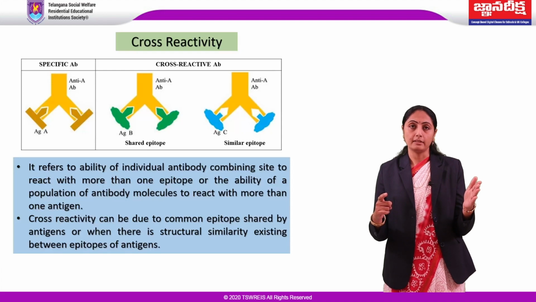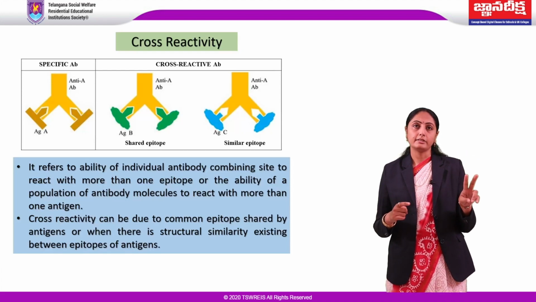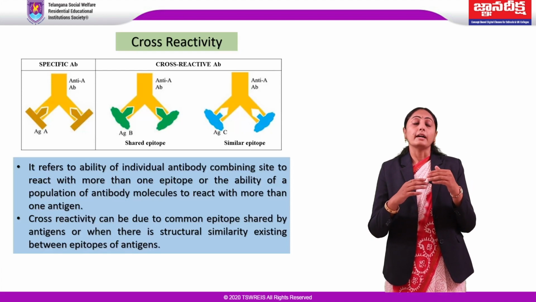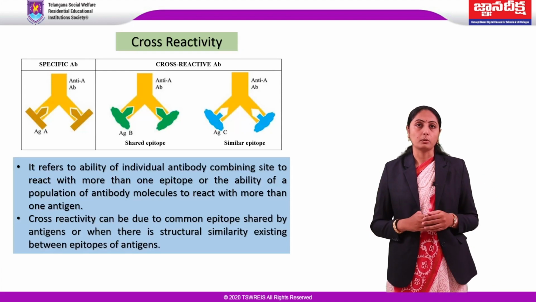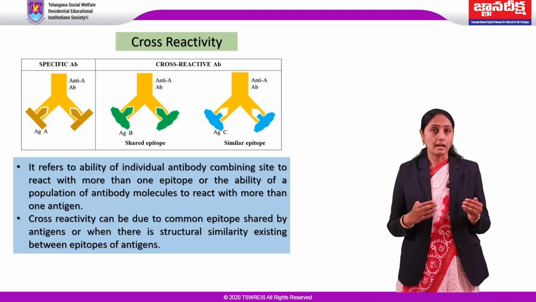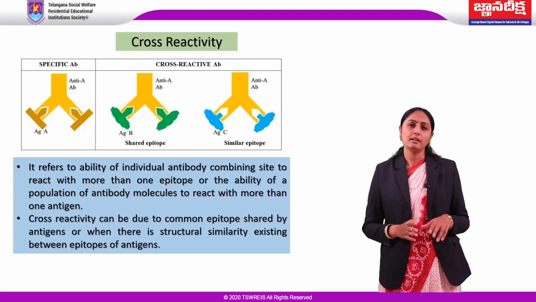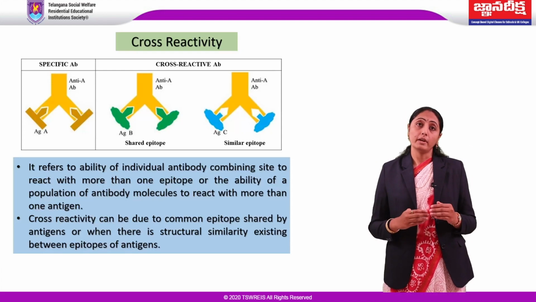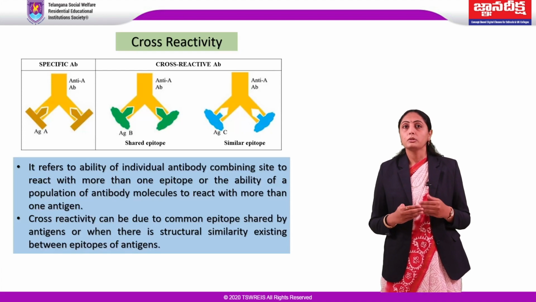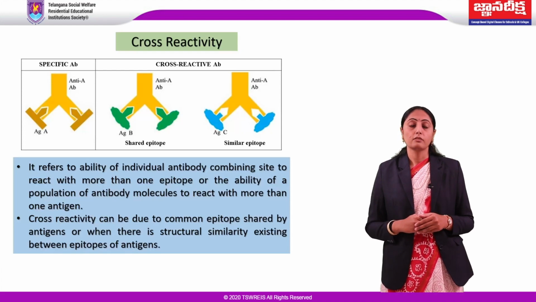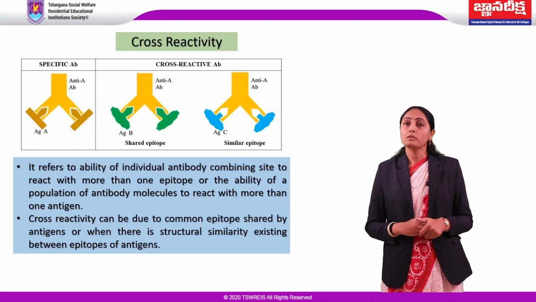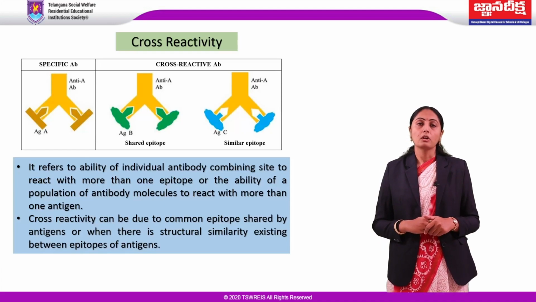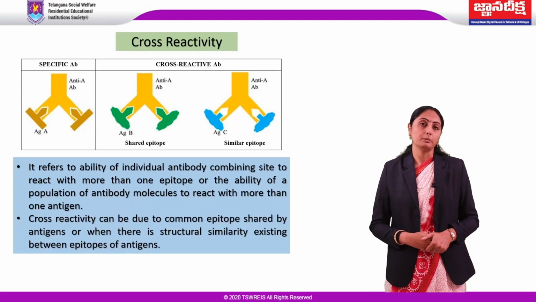This can happen when two different antigens share identical or structurally similar epitopes. A simple example of cross-reactivity comes from our history, where Edward Jenner used cowpox virus for immunization against smallpox. This was successful due to cross-reactivity of antibodies.